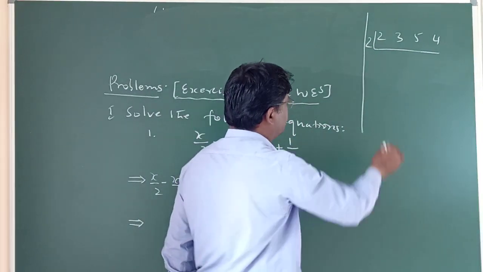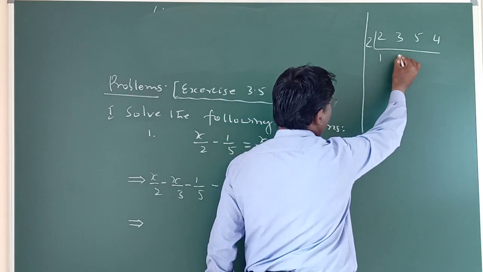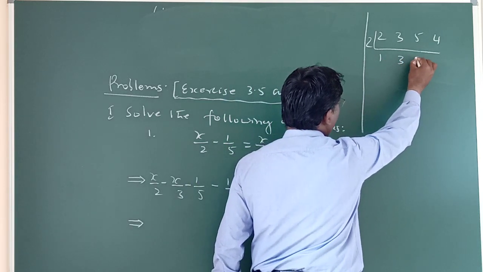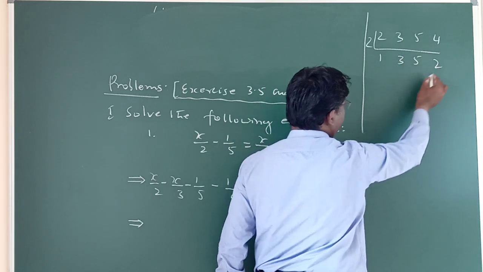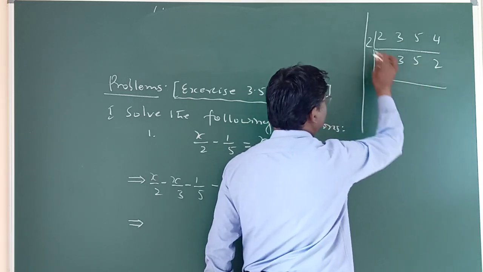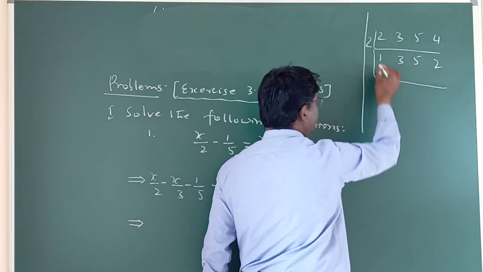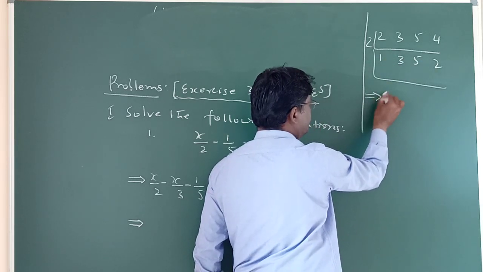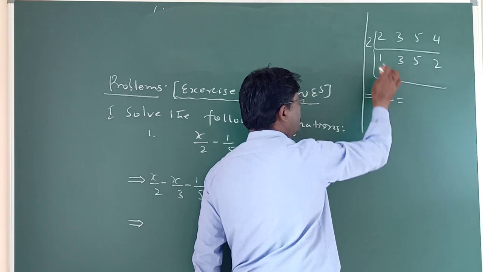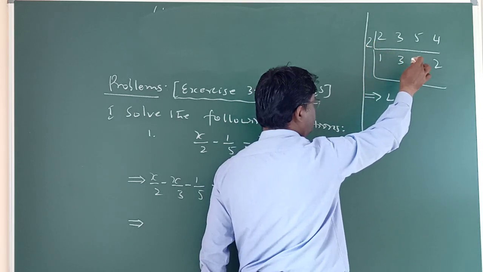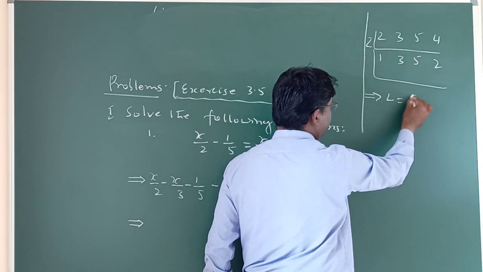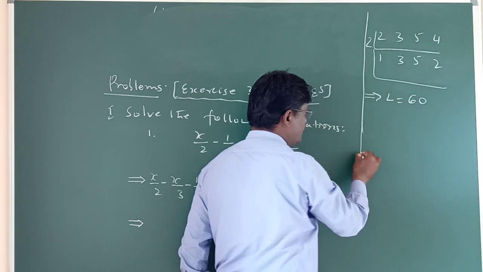Least common multiple. 2 ones are 2, 3 has no common, that's why 2 twos are 4. Next, no common at all. Therefore, LCM equal to, we just multiply all this: 2 into 1 into 2 into 1 is 2, 2 threes are 6, 6 fives are 30, it comes 60.